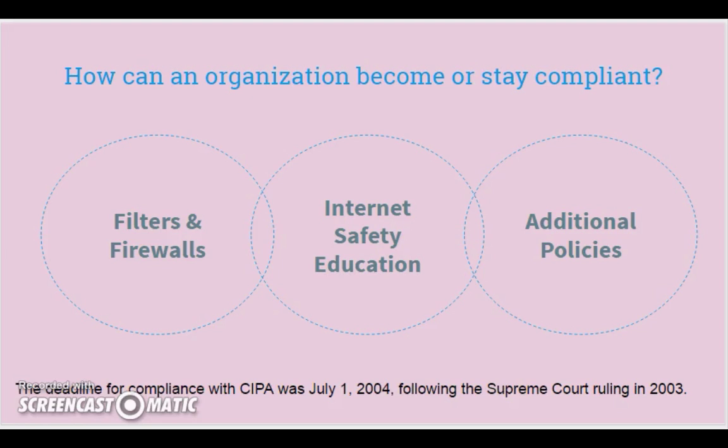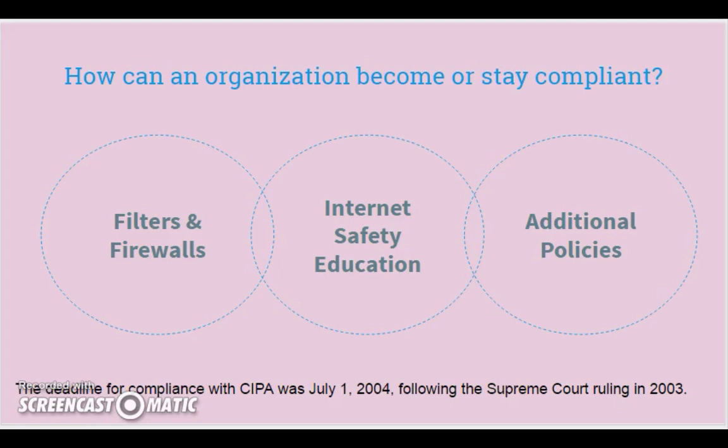In order to become or stay CIPA compliant and to receive funding, the organization must install filters and firewalls for blocking out inappropriate sites online. They must also adopt an internet safety policy. CIPA requires that organizations must have a policy to provide for the education of students regarding appropriate online behavior by July of 2012.